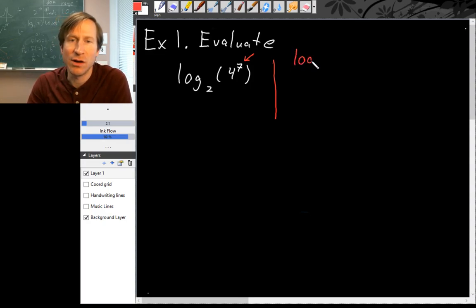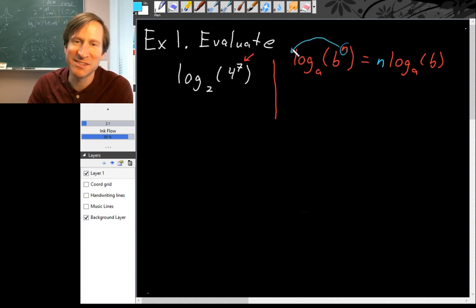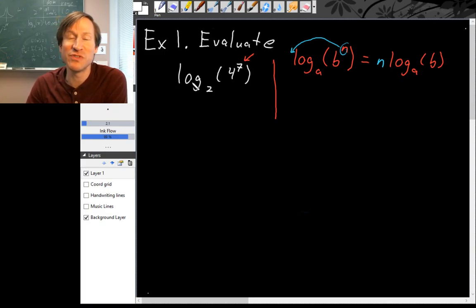So log base a of some base to a power, so n is playing the role of my power, turns out that it's log base a just of the base, and that exponent n, it comes down in front. I've heard this described as saying that you can roll the exponent off of the log. So if the thing on the very outside of what's inside the logarithm is an exponent, you can move that exponent down in front of the logarithm as a coefficient.